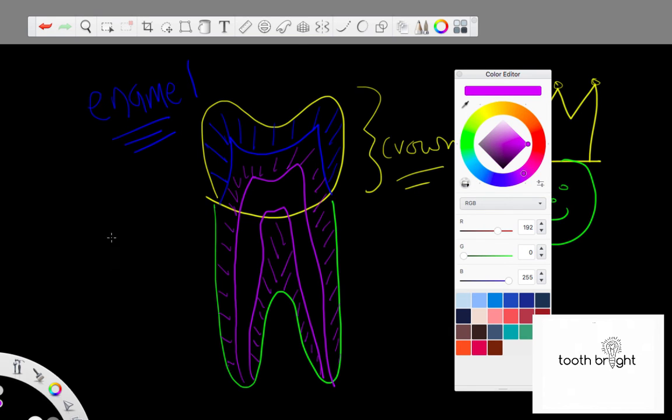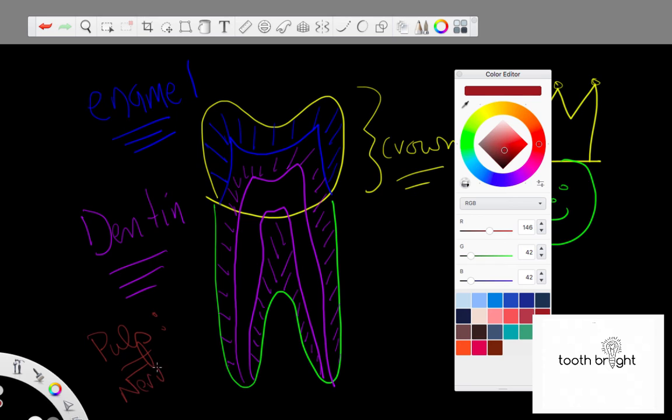And that's the dentin. Then inside the dentin itself is the area that we're always concerned about, and that is the pulp. The pulp consists of nerves and blood vessels.